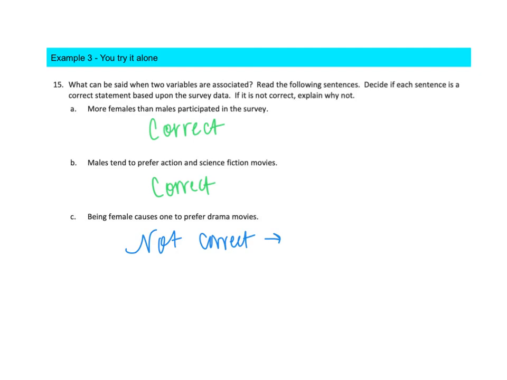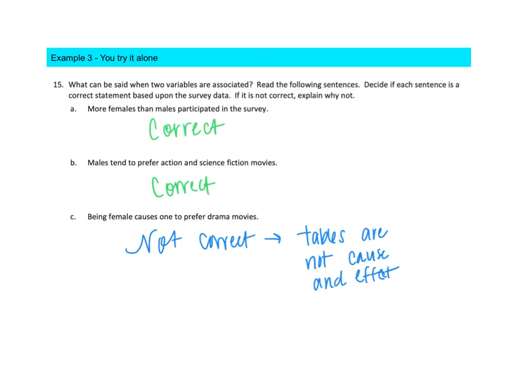Okay? Tables are not cause and effect. Okay? Just because you're a female doesn't mean you like drama movies, even if a table shows that association.